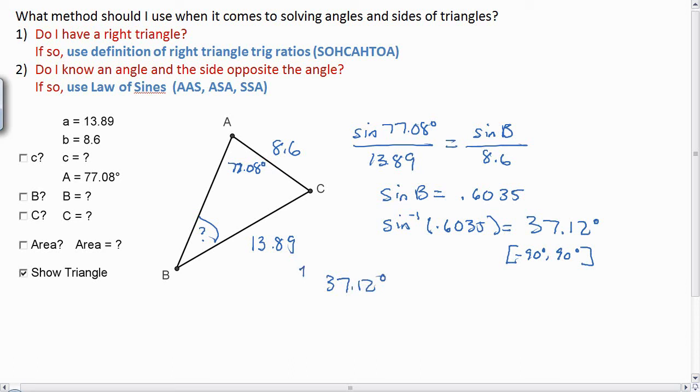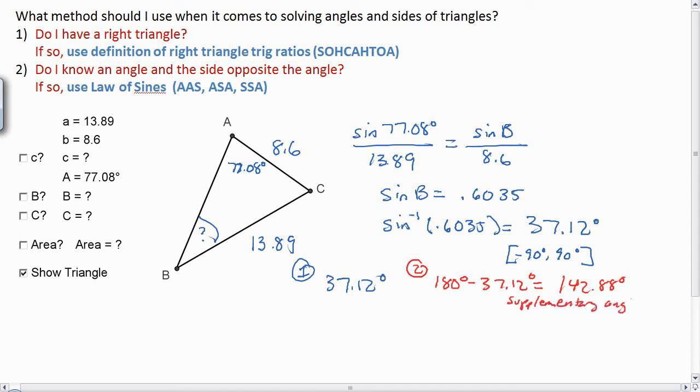We know that one answer is 37.12 degrees. What about the second answer? How do we find the second angle? First we go 180 degrees and subtract 37.12 degrees. We realize that angle is 142.88 degrees. This is, of course, the supplementary angle.